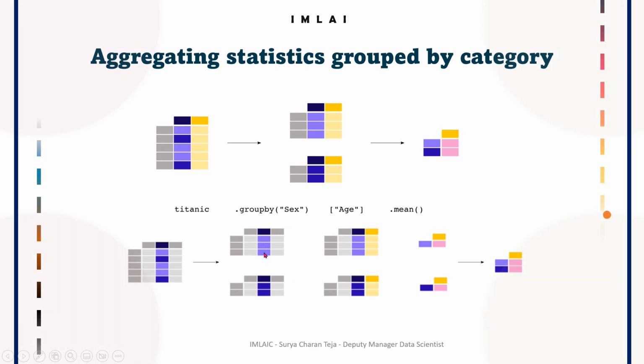It's grouped by sex, and you can see that male has been turned here and female has been turned here. Then we applied the mean method to both the groups, group 1 with the male and group 2 with the female, and you got the mean for both the groups. Then we combined both the aggregates together to get the final data frame. That's what happened here. So you can see that, and that's it.